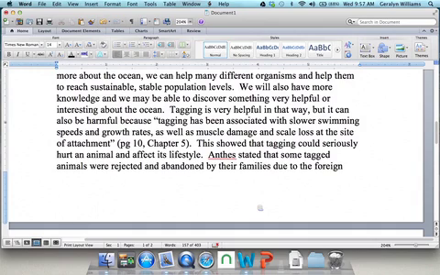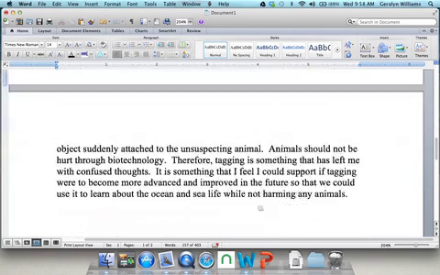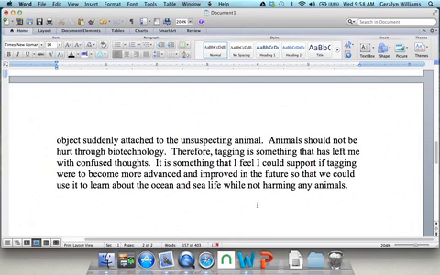Anthe stated that some tagged animals were rejected and abandoned by their families due to the foreign object suddenly attached to the unsuspecting animal. Animals should not be hurt through biotechnology. Therefore, tagging is something that has left me with confused thoughts. It is something that I feel I could support if tagging were to become more advanced and improved in the future so that we could use it to learn about the ocean and sea life while not harming any animals.